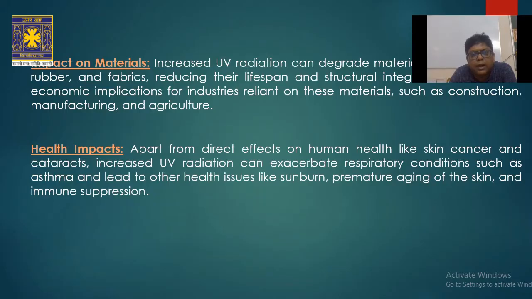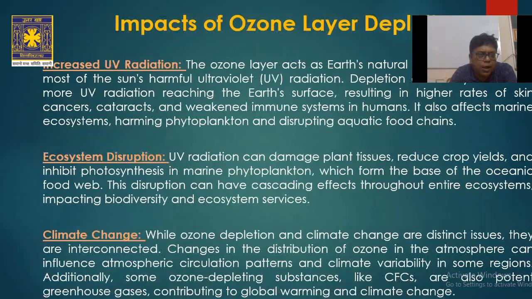UV radiation can degrade materials such as plastics, rubber, fabric, etc. And for health, apart from direct effects on human health like skin cancer and cataracts, increased UV radiation can exacerbate respiratory conditions such as asthma and lead to other health issues like sunburn, premature aging of the skin, and immune suppression.